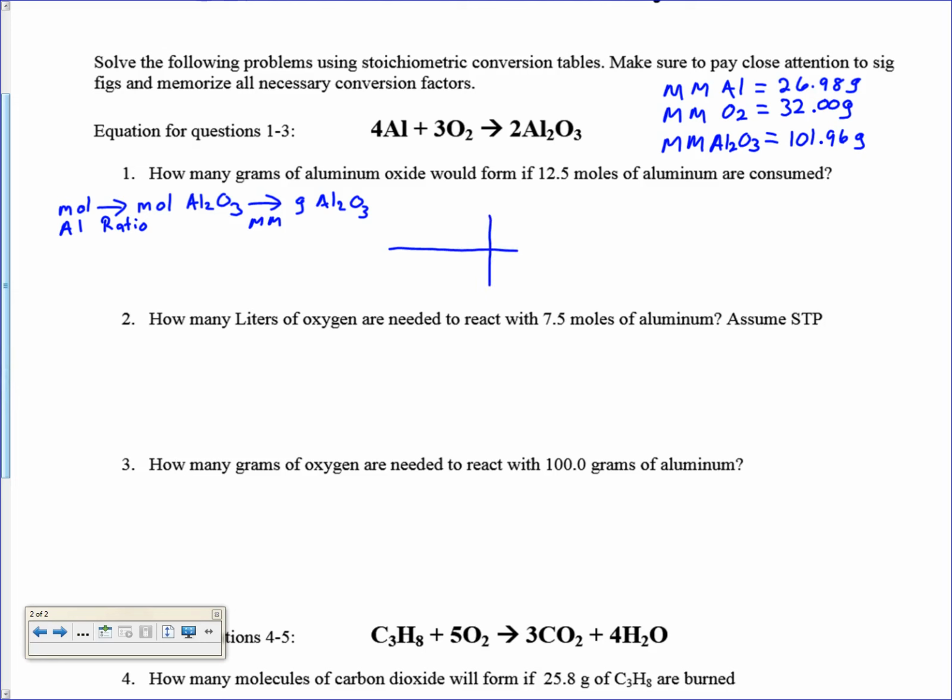All right, and then I'll just start the conversion over here. If we've got 12.5 moles of aluminum, and the ratio comes from the coefficients, so we've got 4 moles of aluminum for every 2 moles of aluminum oxide. We know 4 moles of aluminum, so it cancels out. It'll go on the bottom, for every 2 moles of aluminum oxide.